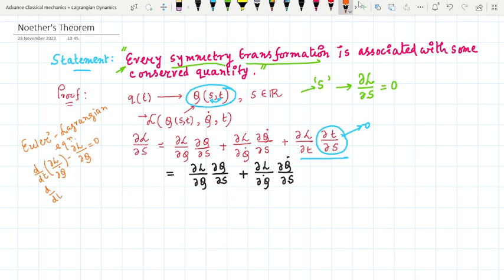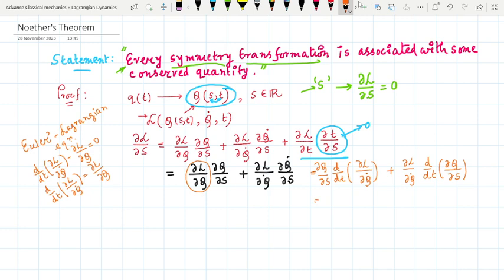This can be modified as del L del Q equals d dt of del L del Q dot, which we can replace here. So this term can be replaced by d dt of del L del Q dot, with del Q del S remaining the same, plus del L del Q dot with del Q dot del S remaining the same.